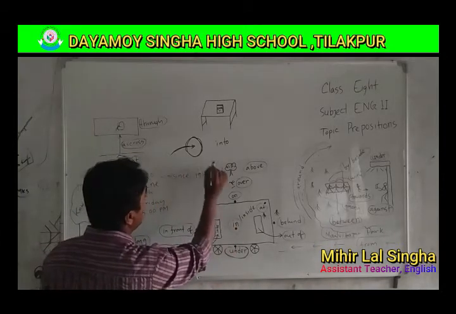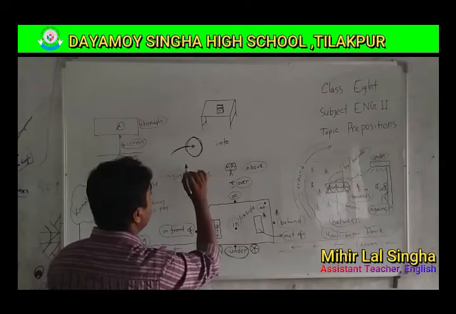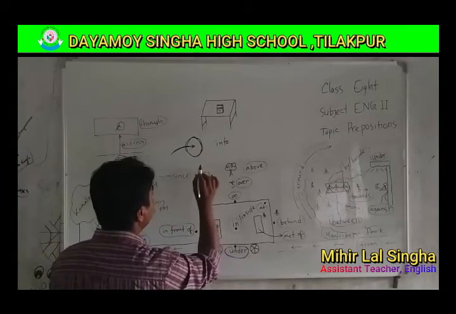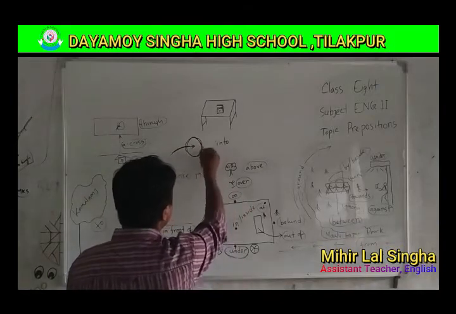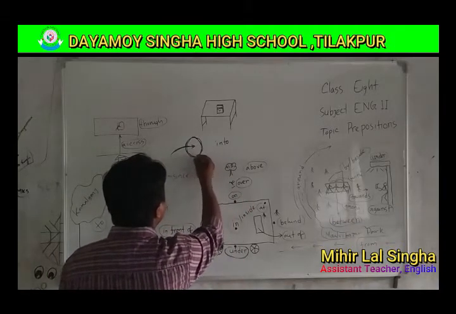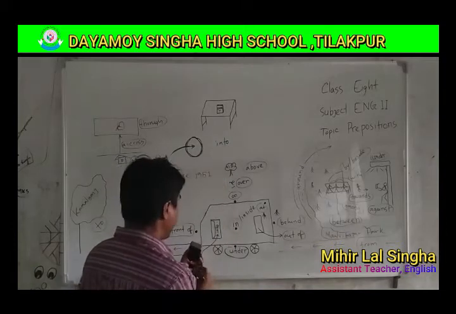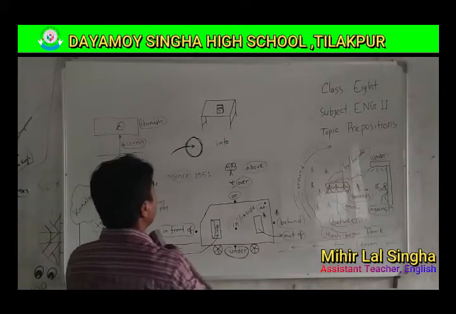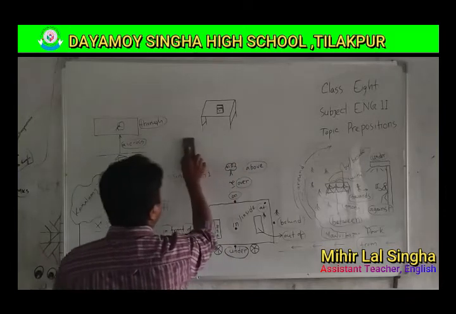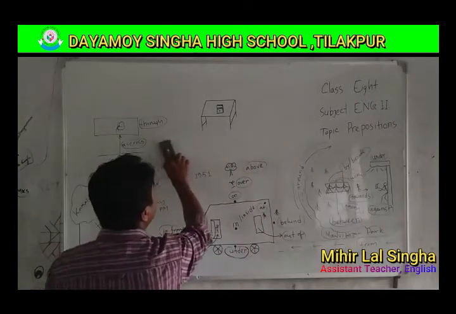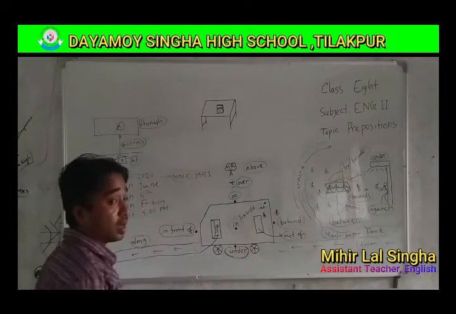If there is something which has a movement and it goes to a certain area, then we have to use the preposition into, okay. So the passengers go into the car, okay.